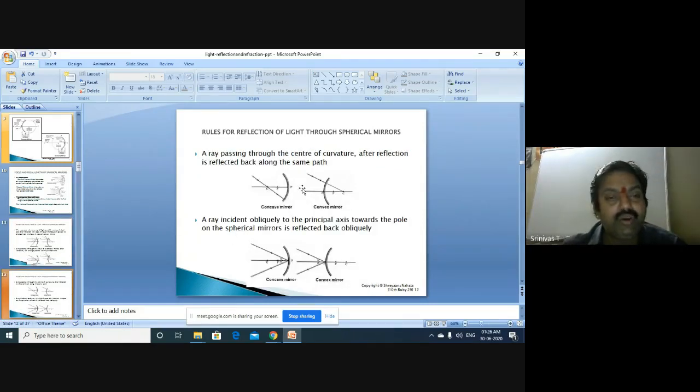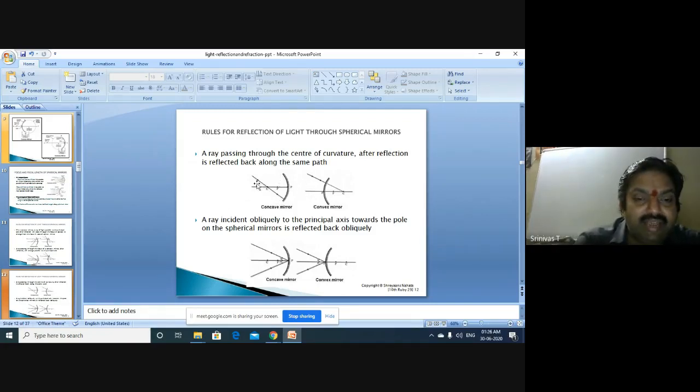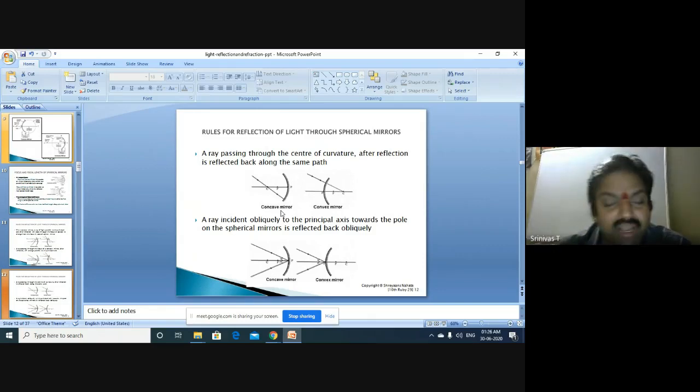Some other rules: a ray passing through the center of curvature, after reflection, is reflected back along the same path. As we have been seeing in this case, the light rays are traveling in this direction through the center of curvature. This is the only phenomenon wherein we have reflection in exactly the same direction.